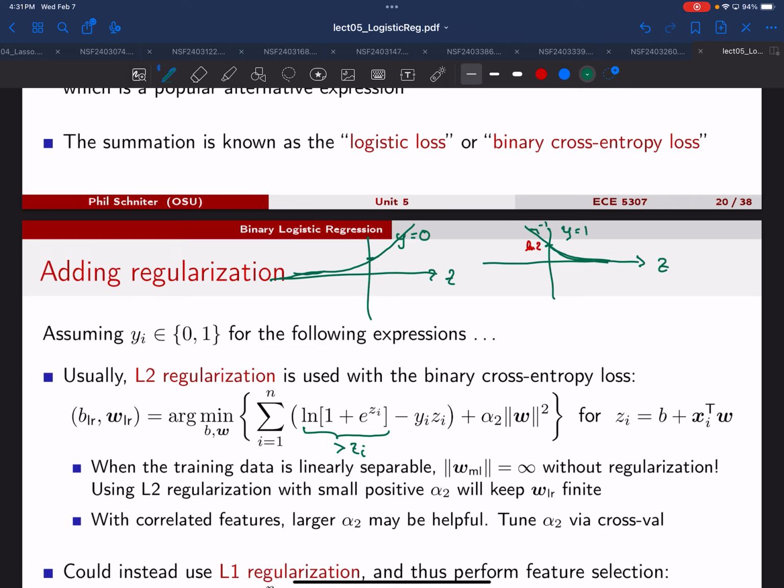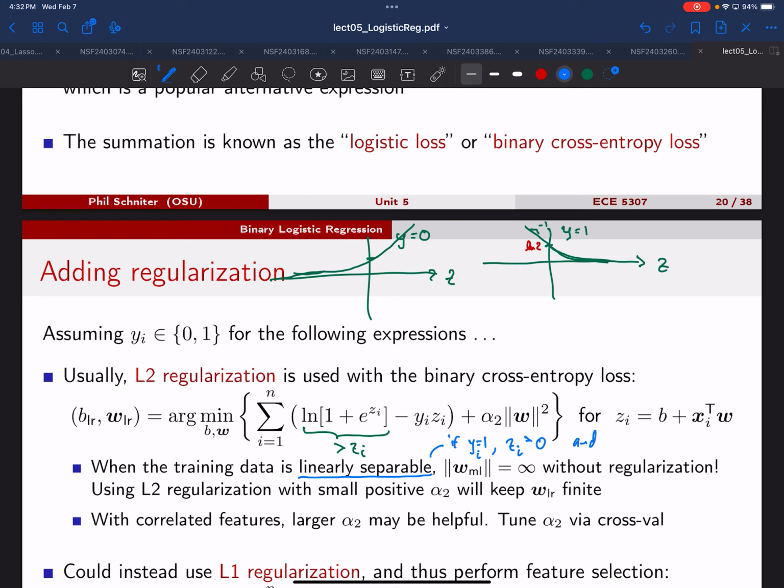Now, where I'm getting to is something special happens when your data is linearly separable. When your data is linearly separable, if yi equals 1, then zi is positive, because you have this decision boundary. On the yi equals 1 side, you will have z's greater than 0, because when z is greater than 0, we guess y equals 1.